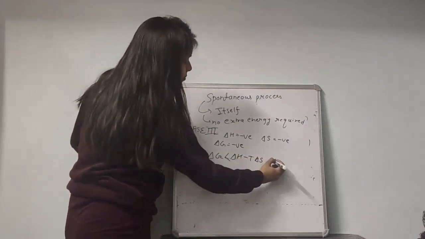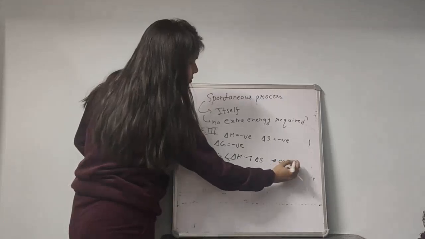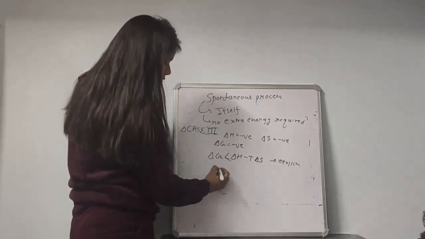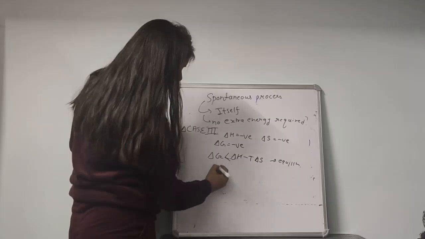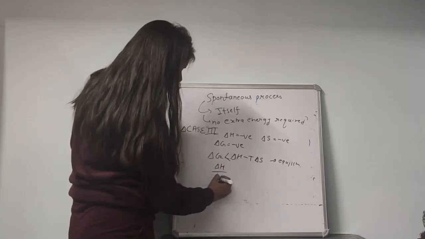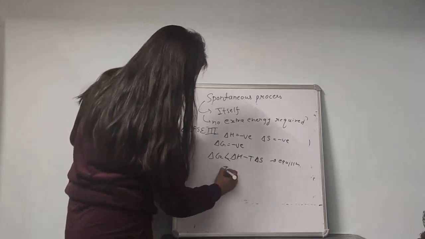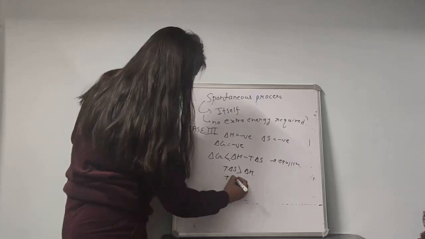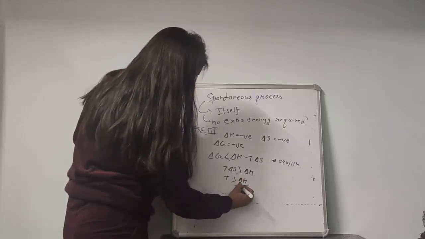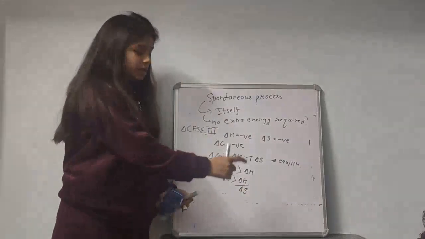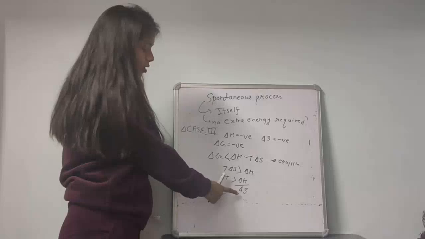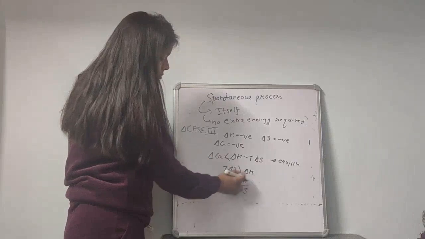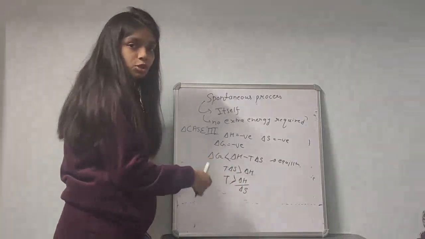Let's consider equilibrium. When delta enthalpy is divided by delta entropy, the temperature we get should be less than the given temperature.